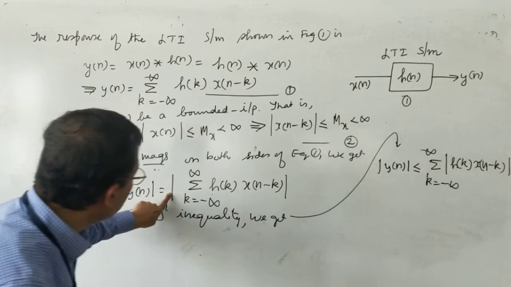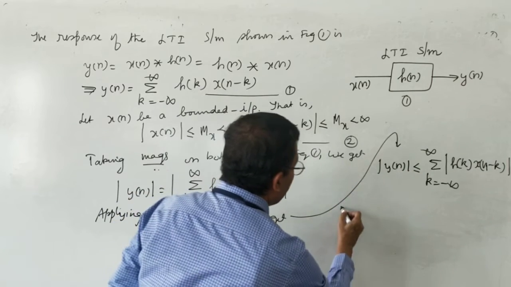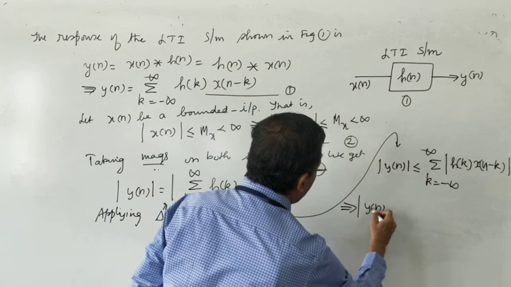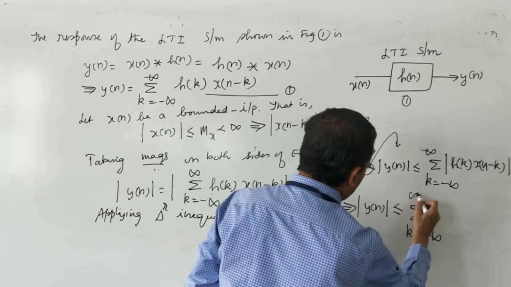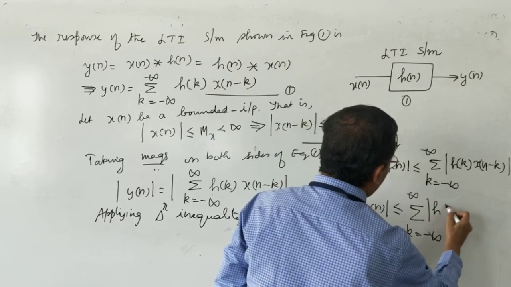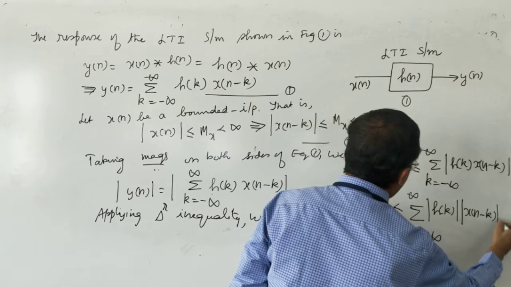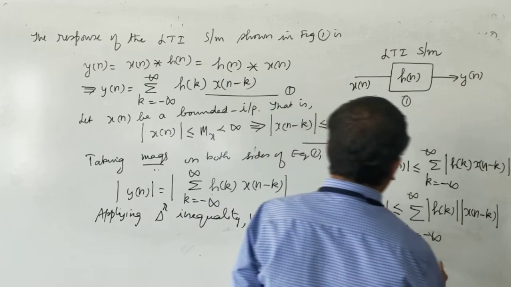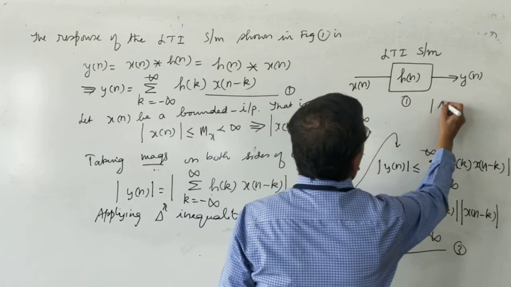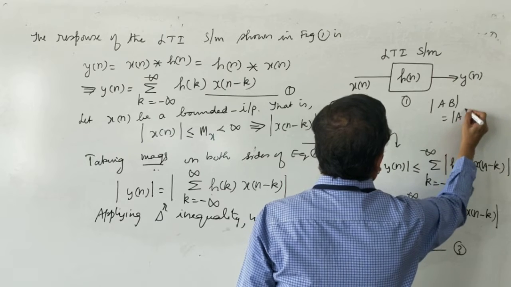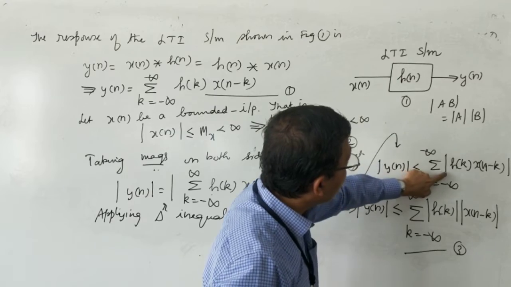This modulus, once you take inside the summation, is equal to sign becomes less than or equal to. This in turn implies magnitude of y of n less than or equal to summation k equals minus infinity to plus infinity magnitude of h of k into magnitude of x of n minus k. This I call equation number 3. What I made use of here? Please remember, modulus of AB is equal to modulus of A into modulus of B. This aspect has been used on this equation.